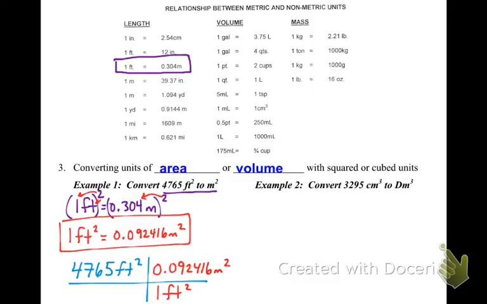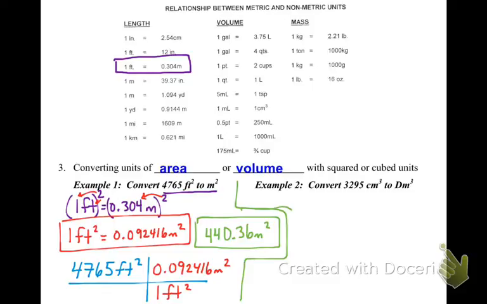Multiplying straight across, we would get our final answer of 440.36 square meters. That's not so bad. Okay, it's just the same idea of what we have been doing. So now let's move on to the next one.